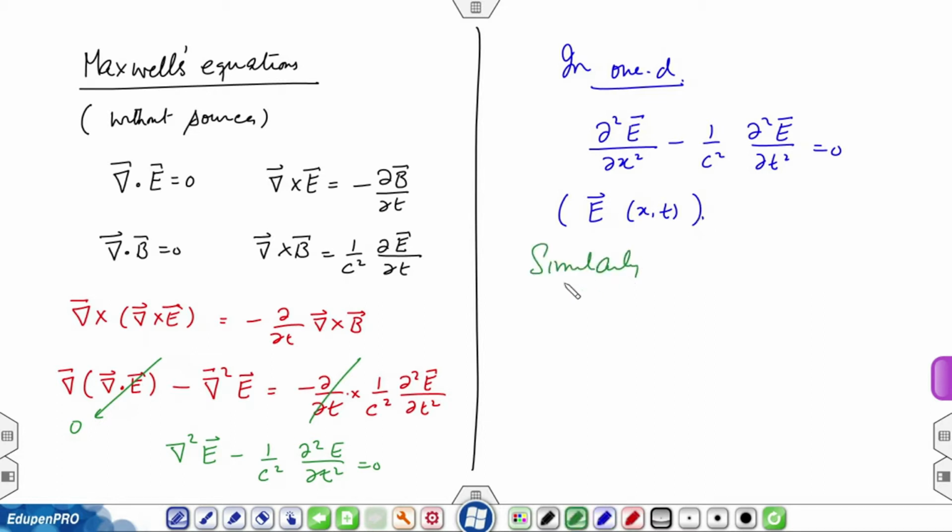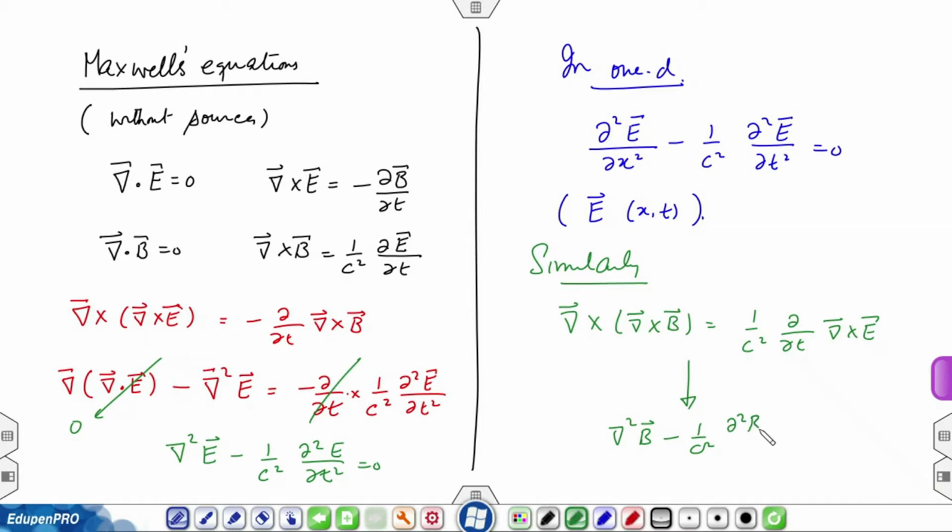Similarly, if you take curl of B, which will be equal to 1 over c square d by dt curl of E, this will immediately lead to del square B minus 1 over c square d 2 B over dt square equals 0, or in 1D will become d 2 B over dx square minus 1 over c square d 2 B over dt square equals 0.